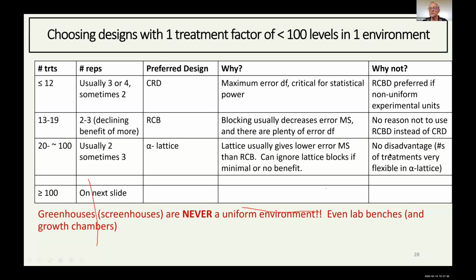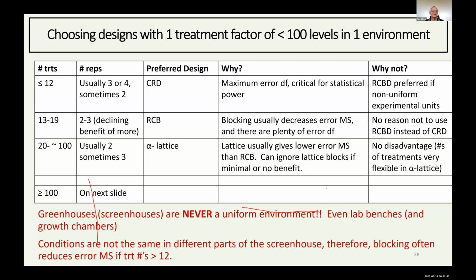The number of treatments is very flexible in alpha lattice. So I note here that above 100 is on the next slide, but actually it's after several more slides of comments.